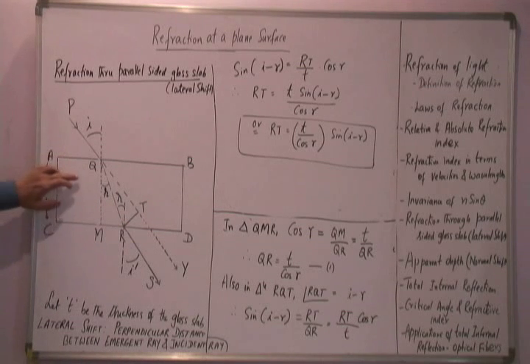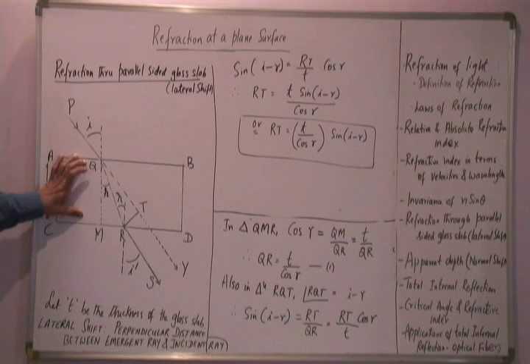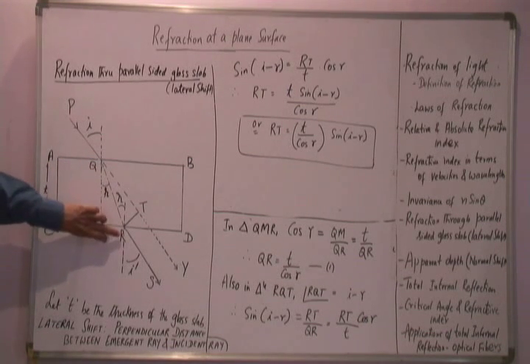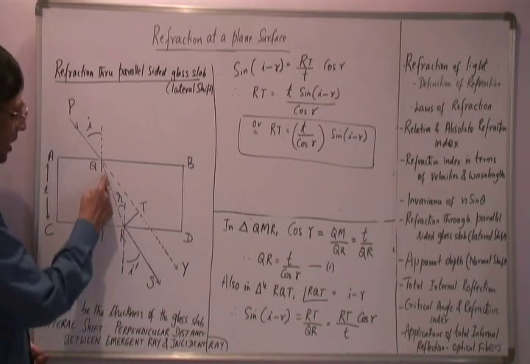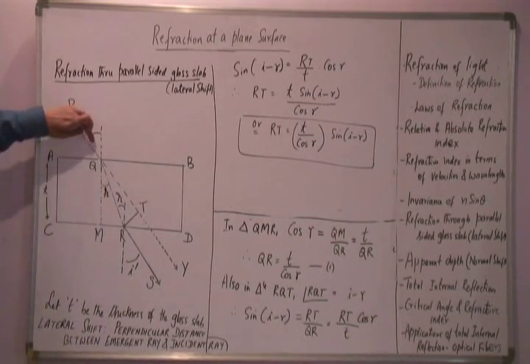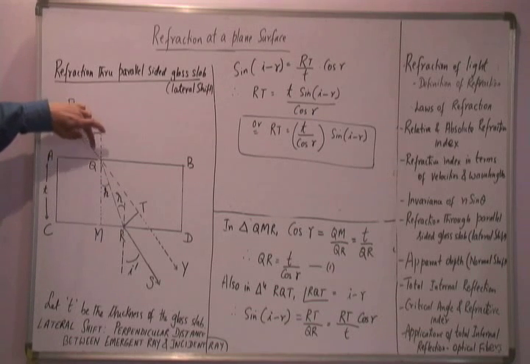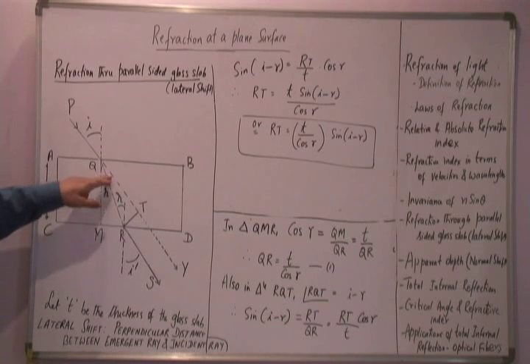So what I did was I found this distance, this value QR, by considering this triangle MQR. I know this is r and the thickness of this slab is T, so I was able to evaluate the value for QR. Next I consider the triangle RQT. I know the angle RQT is i − r, because MQT is i and MQR is r.